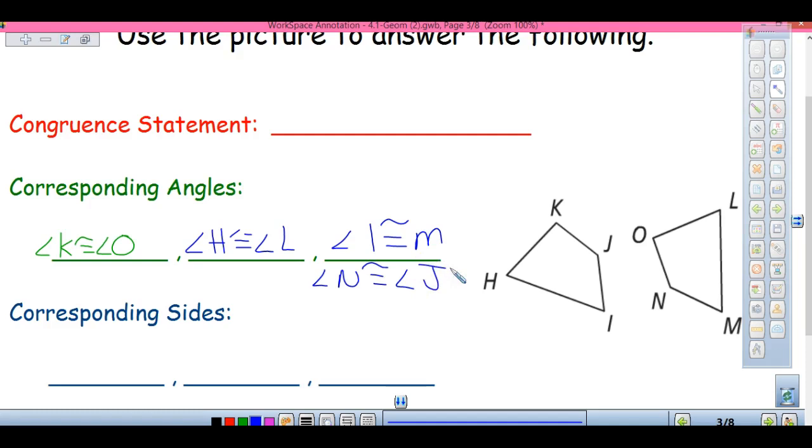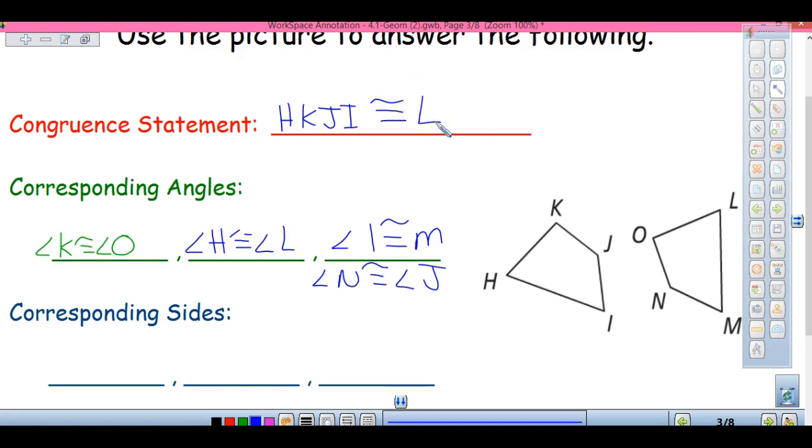Based off of that, let's make our congruence statement. Quadrilateral HKJI is congruent to quadrilateral, what did we say went with H?